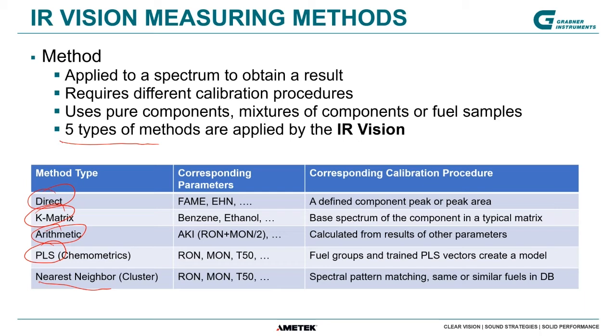And corresponding parameters are pure components for the direct or the K-matrix. For the arithmetic means that it takes results and basically combines them arithmetically. And for the PLS, for the chemometrics, the property predictions are basically coming out.